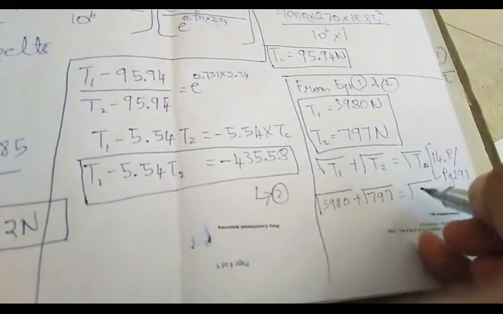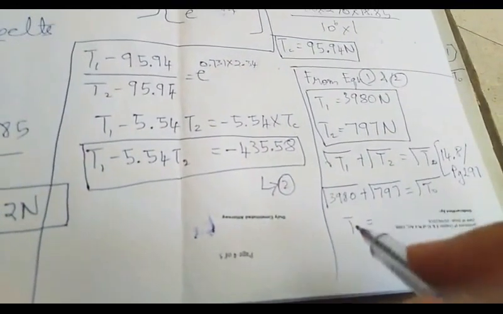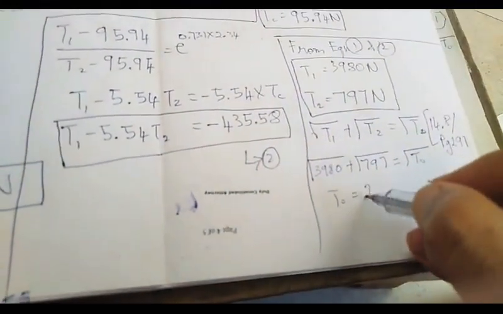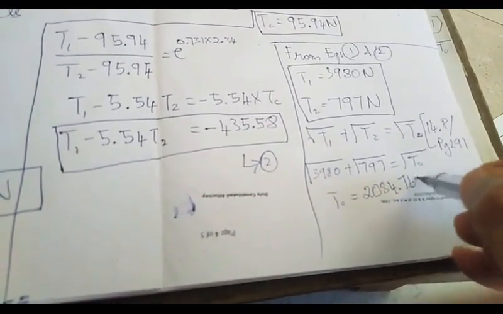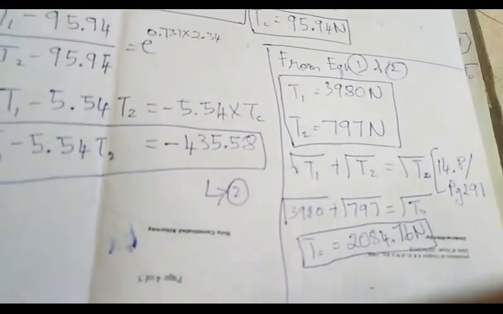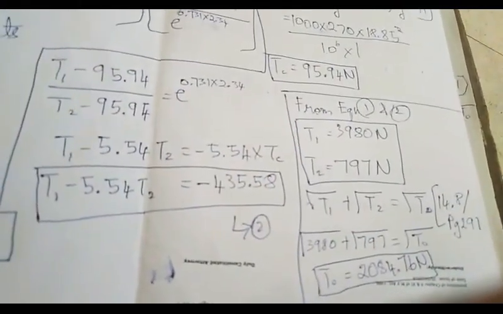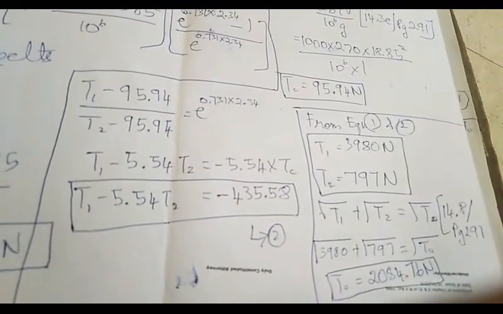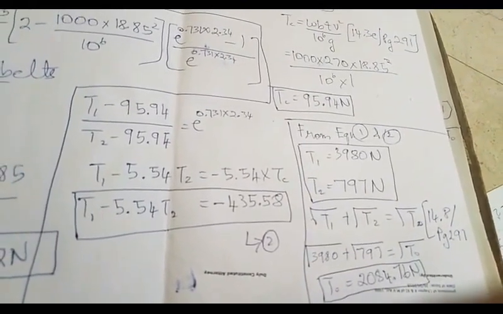On simplifying this equation, the value of T0 is 2084.76 newtons. So in the question they had asked us to find the initial tension, T0, and the number of belts. We have found both. The procedure is almost similar when comparing open belts and V belts, but some values will change.